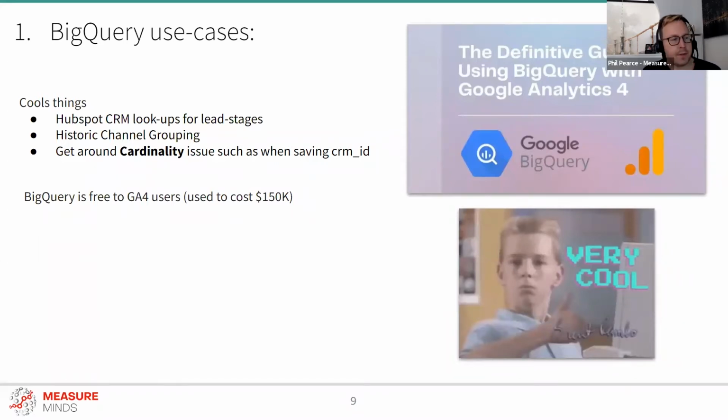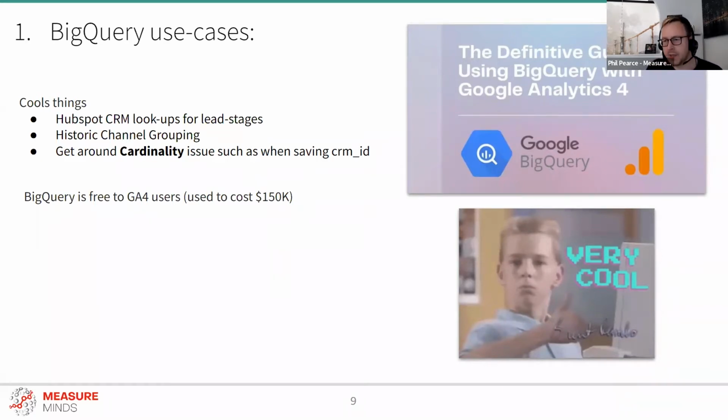If you have something such as a CRM ID, which is very common because you want to be able to analyze that information, be it within HubSpot, you have to account for that. Either have two GA4 accounts, one where you're sending your CRM ID, which is going to have crazy cardinality, and a second one where you don't, and that gets around it.